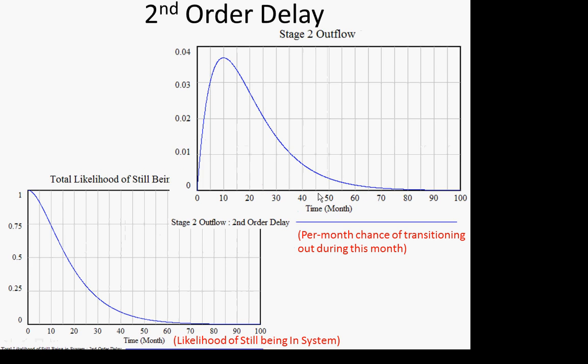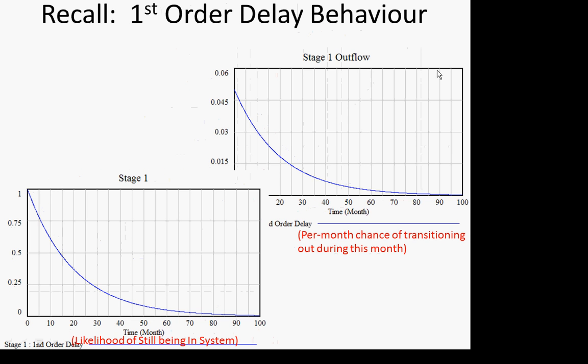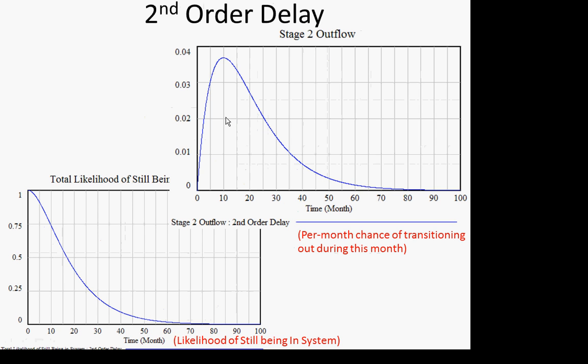The most likely time for someone to leave is very quickly after it starts, even though if they're still in the stock, they have that same chance of leaving. Here, it's later, something like 10, right? Here, it's later yet. It's something closer to 12 or 13, something like that.